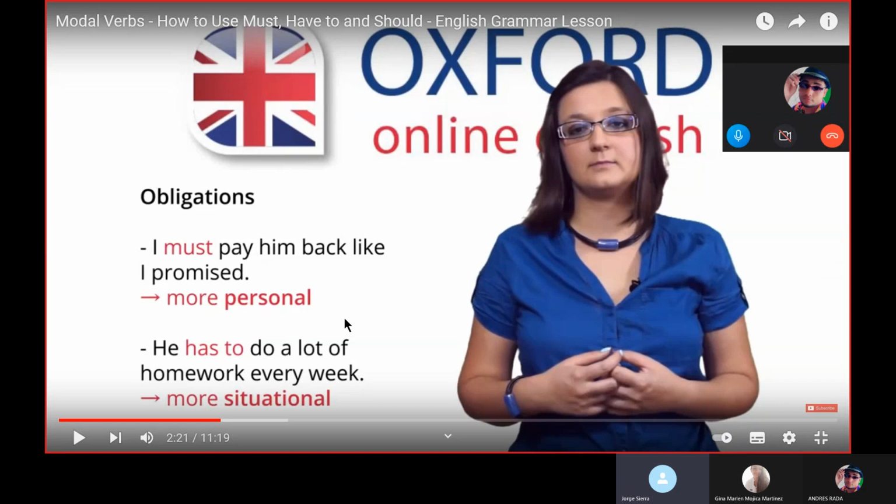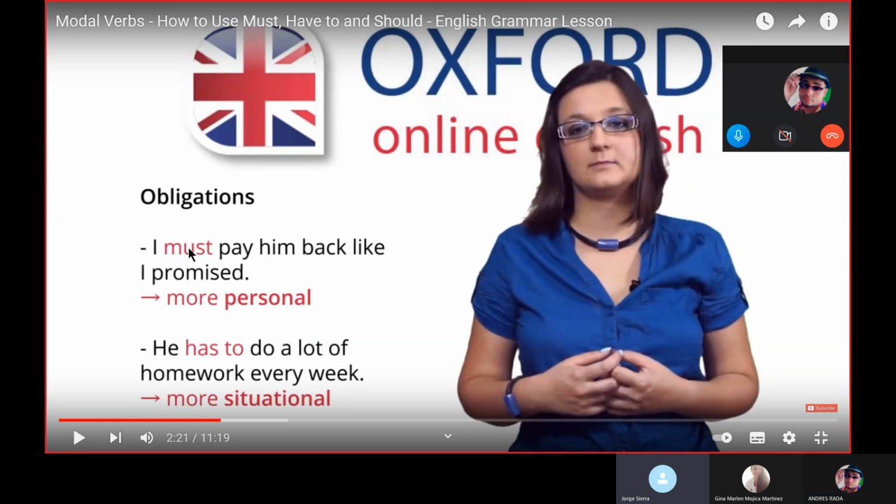Como podemos notar, con el have to sí debemos conjugar el verbo como tal. Tenemos que tener en cuenta la regla del presente simple. Es decir, que para terceras personas vamos a utilizar el has.